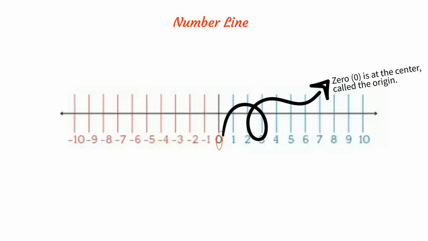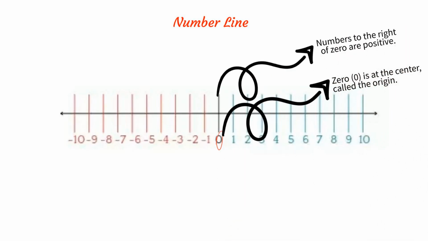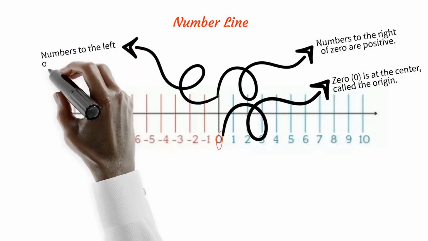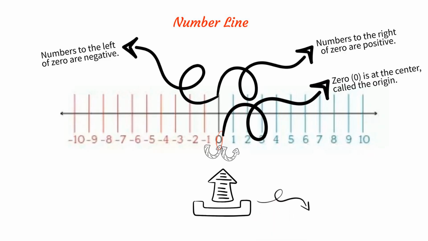The second thing is that the numbers on the right side of zero are positive, but the numbers on the left side of zero are negative. Another basic of a number line is that the distance between consecutive numbers is equal. Now, these are the basics of a number line.